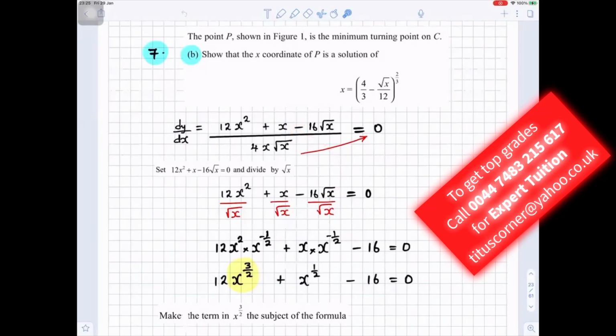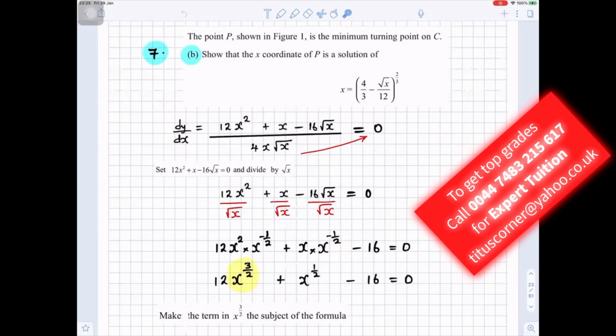If we divide everything by square root of x, that will still be 0. What would happen is square root of x can come to the top, it becomes x to the minus a half. And this square root of x will cancel, so you're left with 16. 2 minus a half is 3 over 2. 1 minus a half is a half.